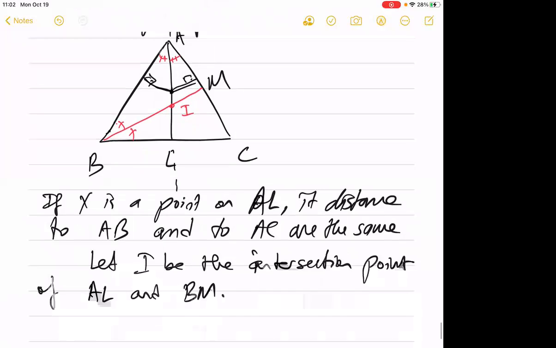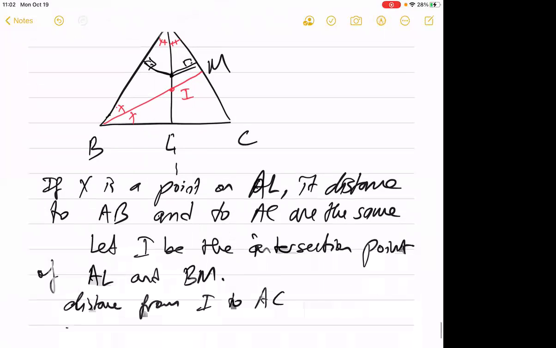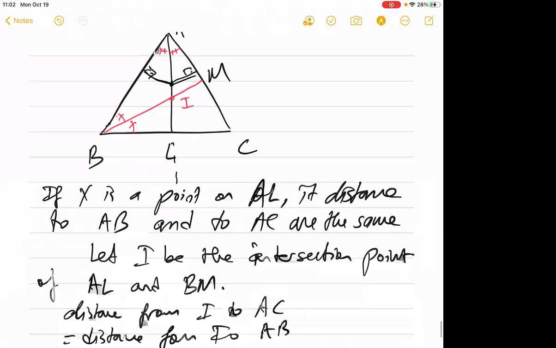The distance from I to AC is equal to the distance from I to AB, because AL is an angle bisector.